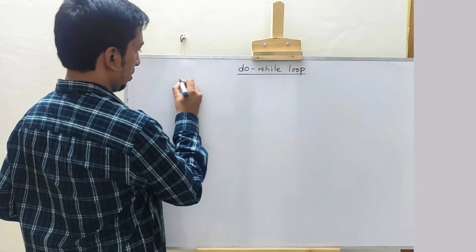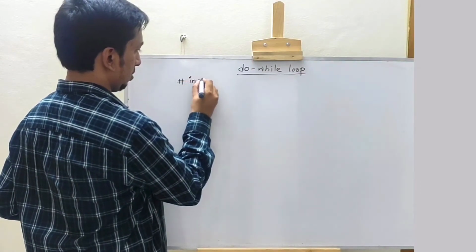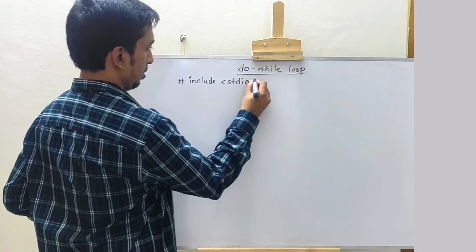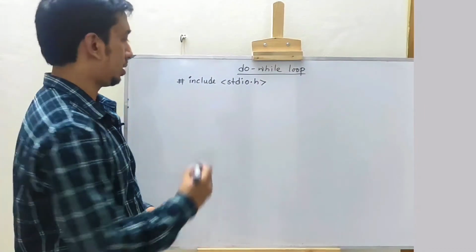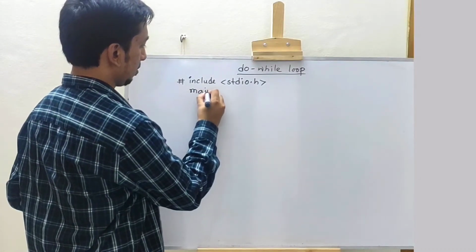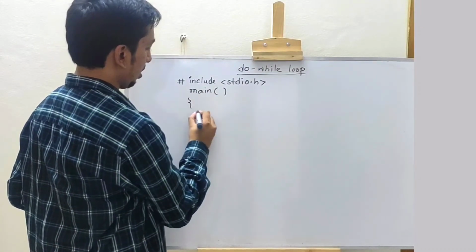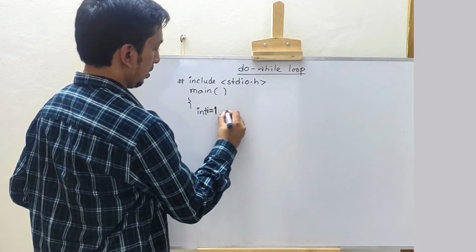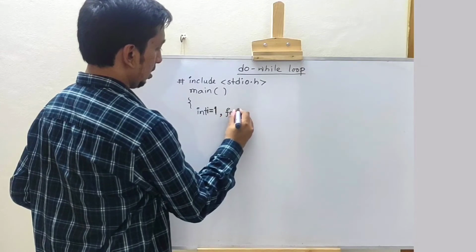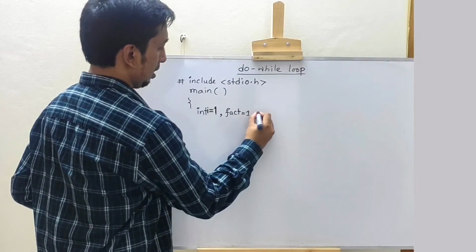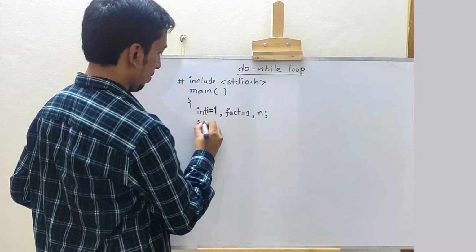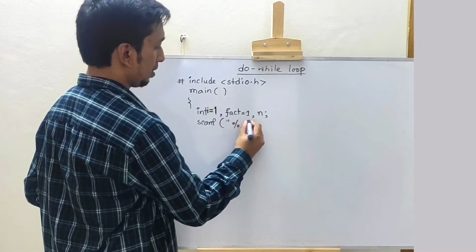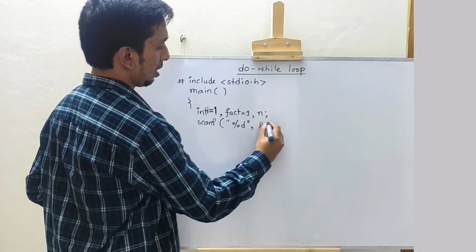Again start with include stdio.h, main function, then curly bracket, here again int I, factorial is equal to 1 and n, scanf input function, format specifier, and then n.